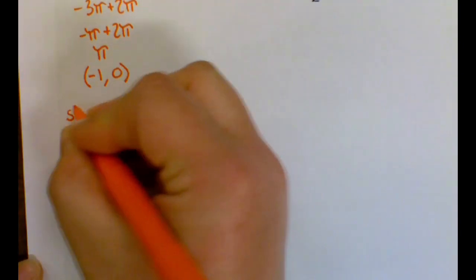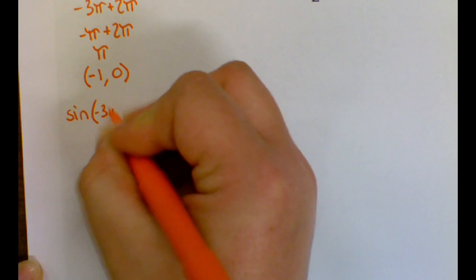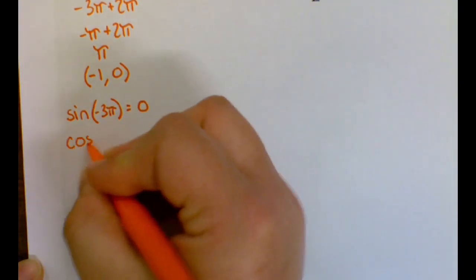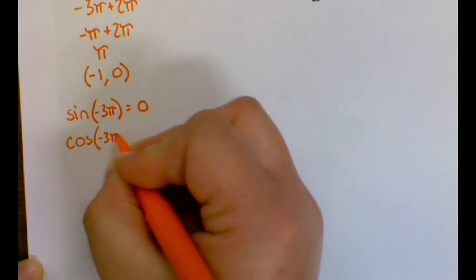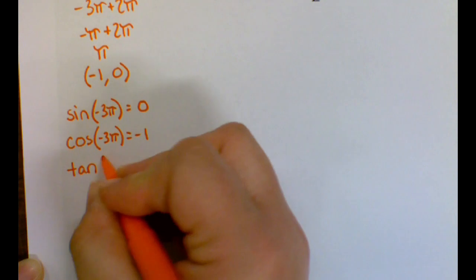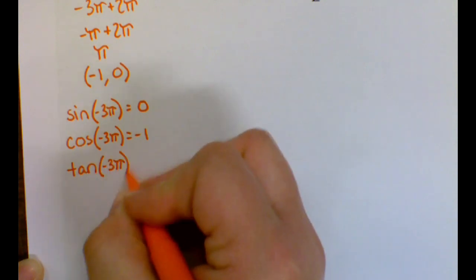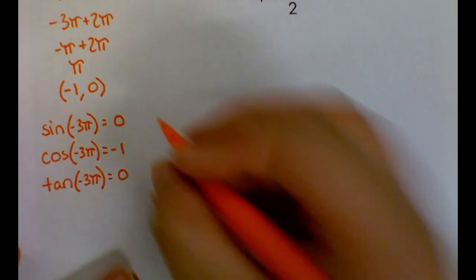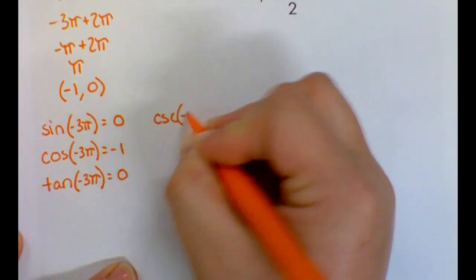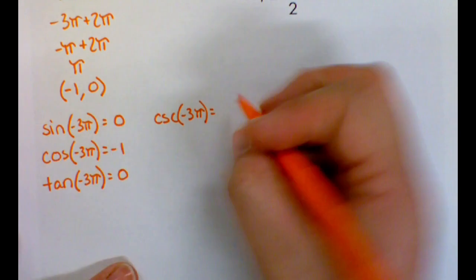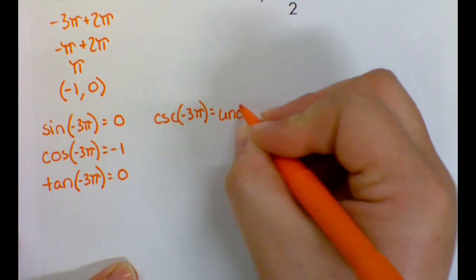So the sine of negative 3 pi is the y coordinate, which is 0. The cosine of negative 3 pi is the x coordinate, which is negative 1. And the tangent of negative 3 pi is y over x, which is just 0. Now the cosecant of negative 3 pi is 1 over 0, which is undefined.